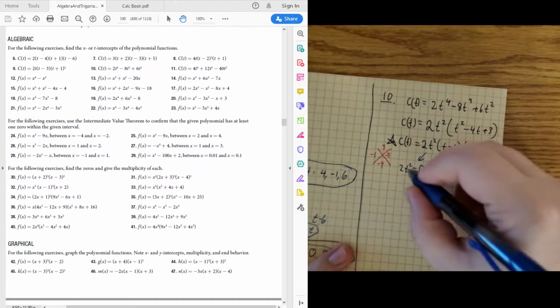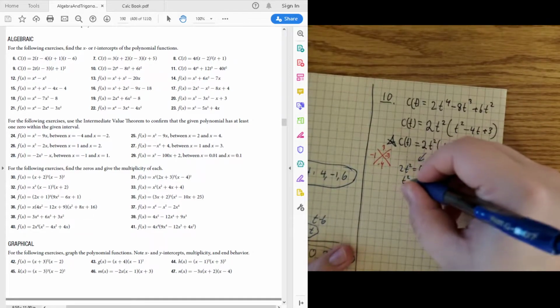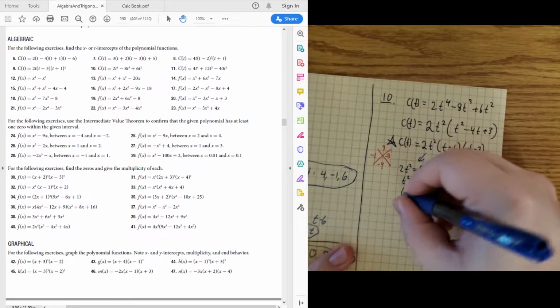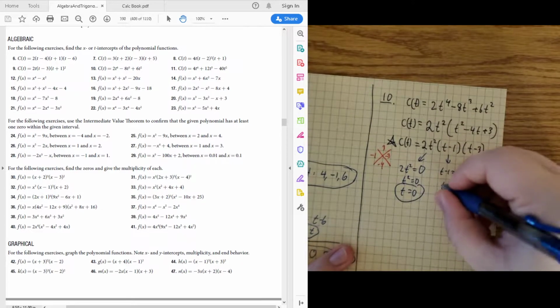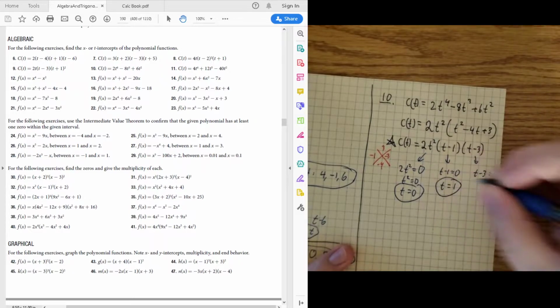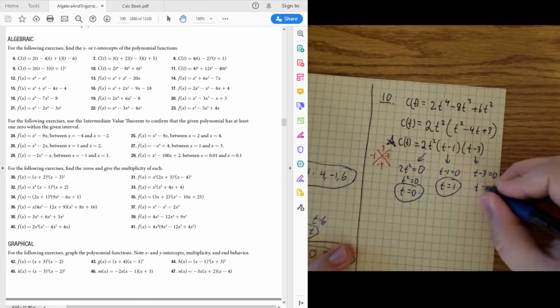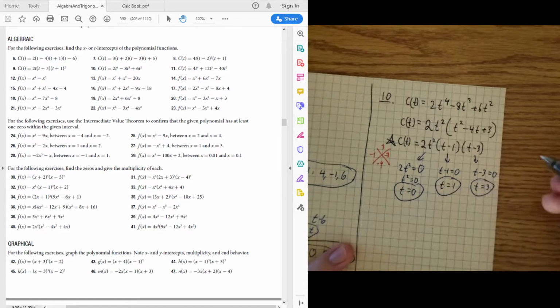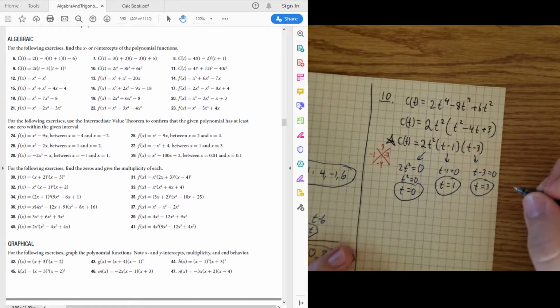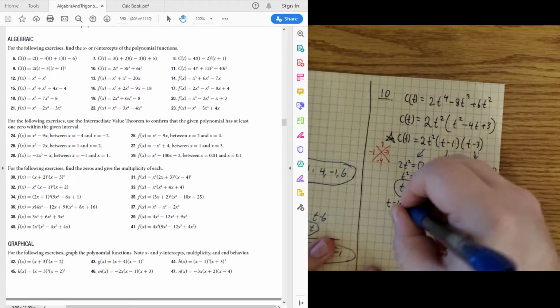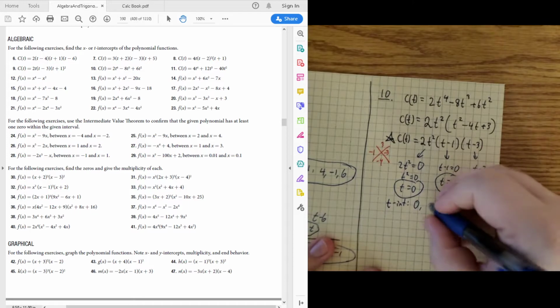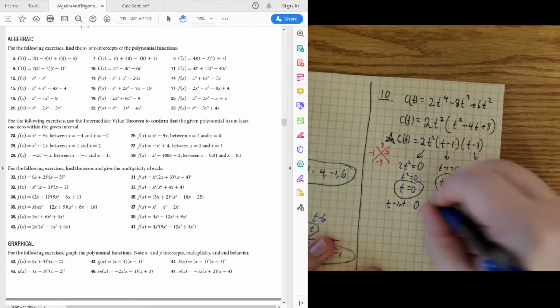From here we can find our solutions, dividing both sides by 2, and then taking a square root, adding 1 to both sides, adding 3 to both sides. We have 3 solutions. So if the question asks us what are the x, or in this case t-intercepts, the t-intercepts are 0, 1, and 3.